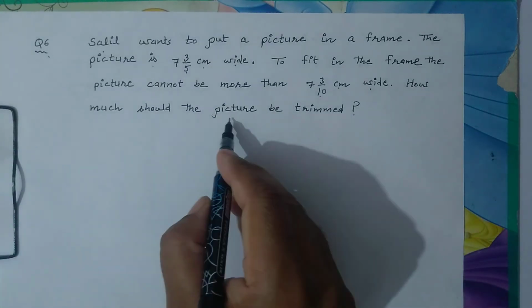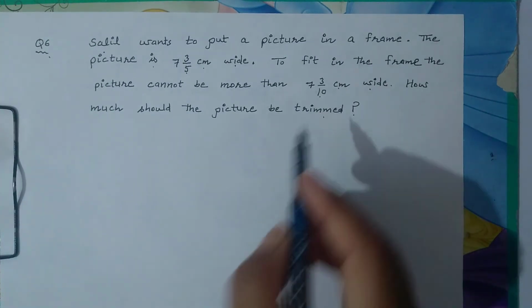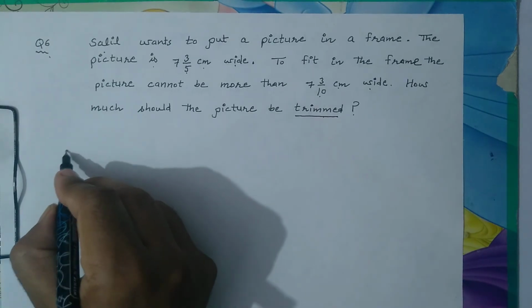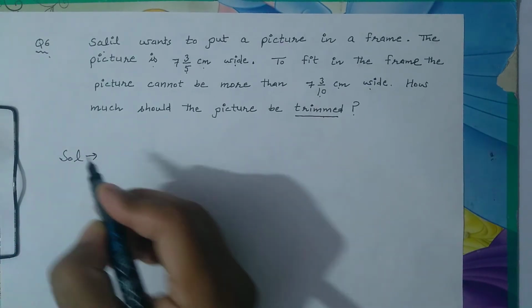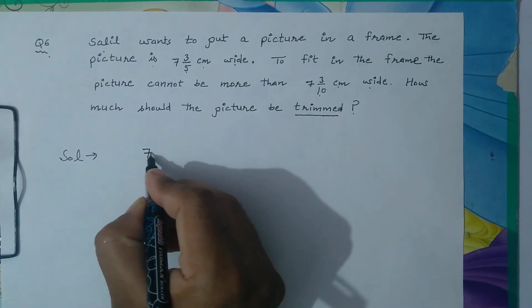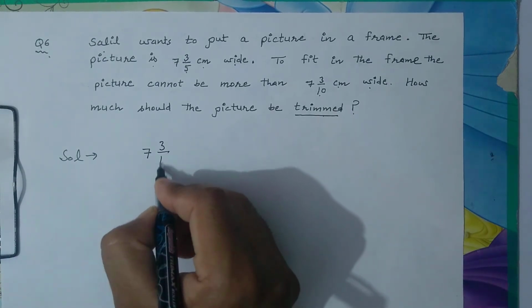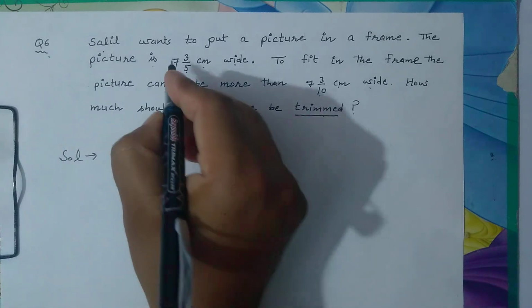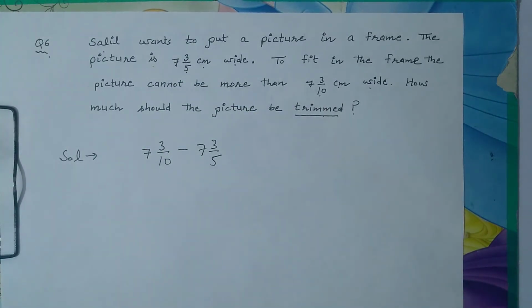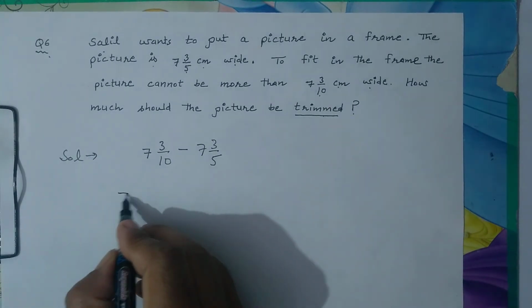How much should the picture be trimmed? Trimmed means cut. So what is to do here? We need to subtract 7 and 3 upon 10 minus 7 and 3 upon 5. So what is the answer?